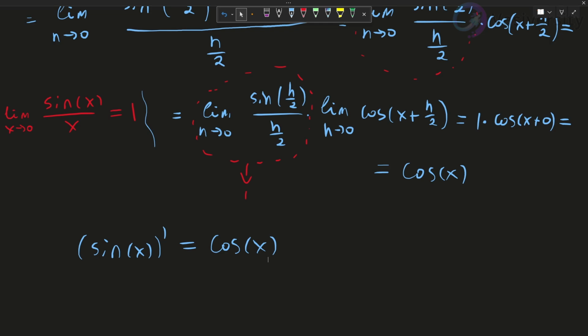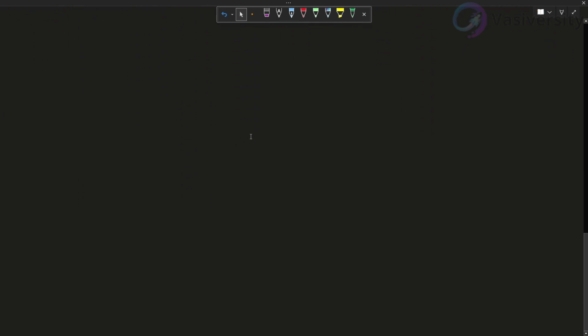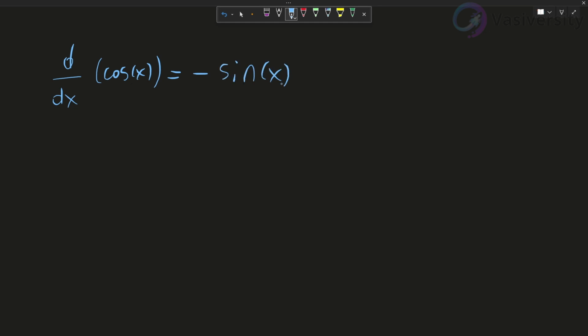There is also another way to do it, but we can do a similar way if we use the trigonometric formula. Here we will get that d/dx of cosine of x will be negative sine of x. I'll leave that to you to prove.